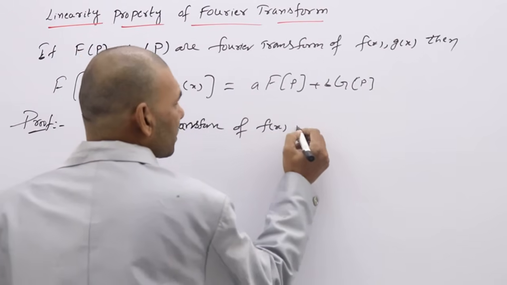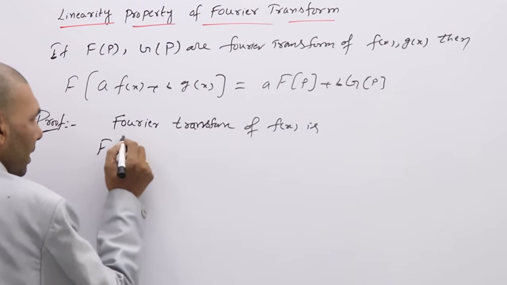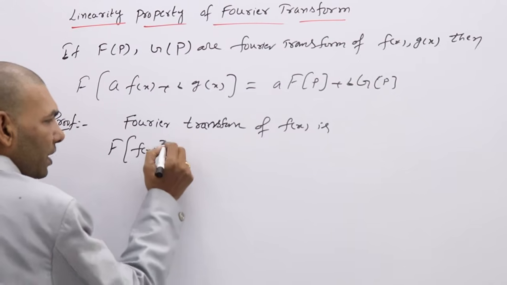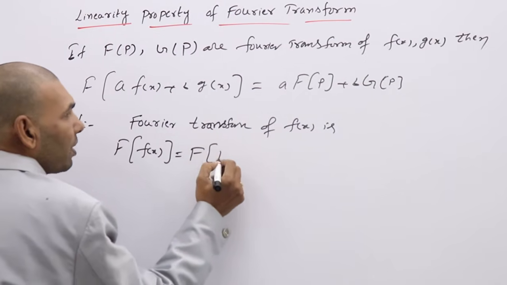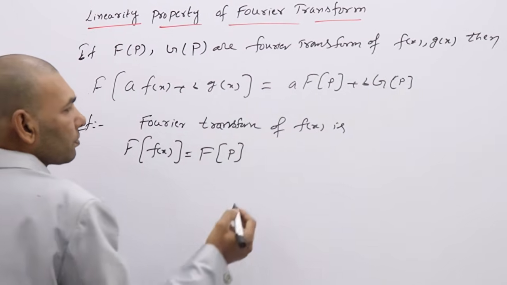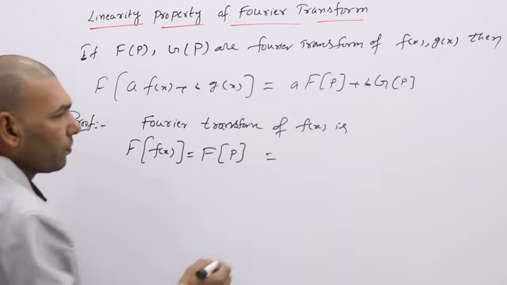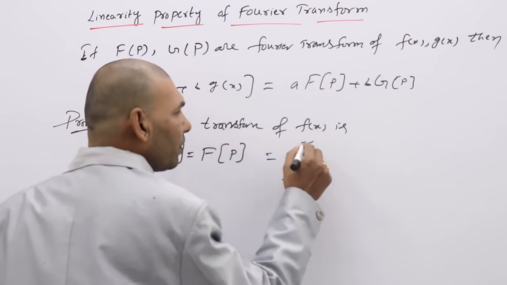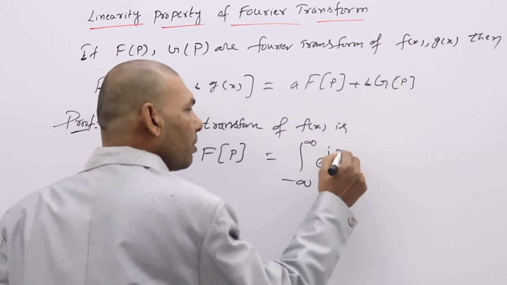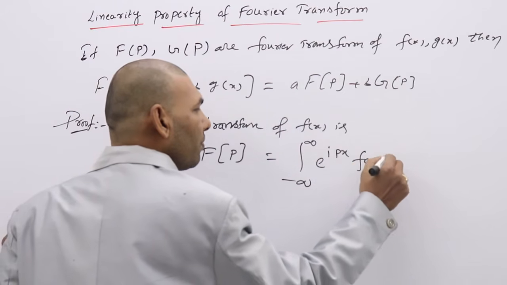Capital F of p is equal to the integral from minus infinity to infinity e power ipx into f of x dx.